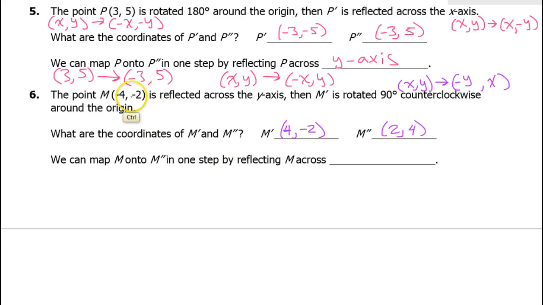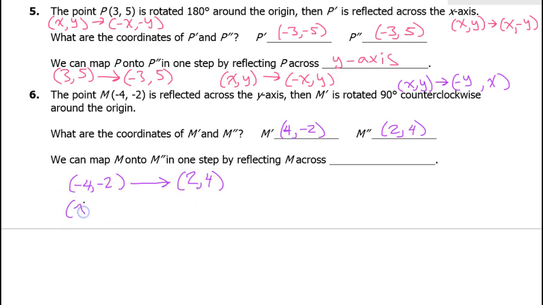How can we go from the original point M to M double prime in one step? Well, again, the original point is negative 4, negative 2. And then the final point is the point 2, 4. So what happened?